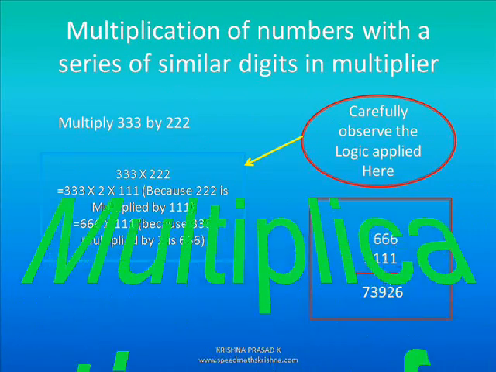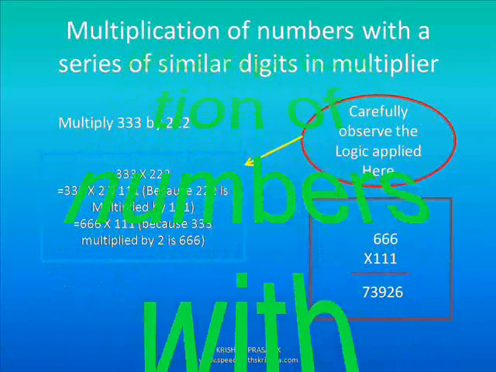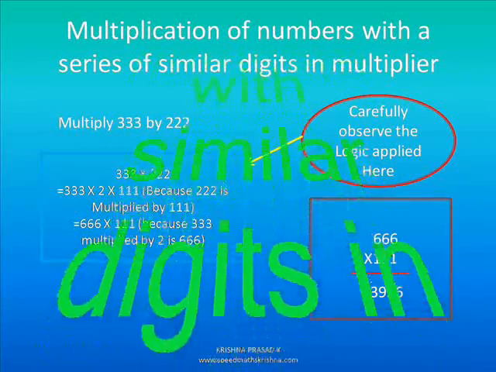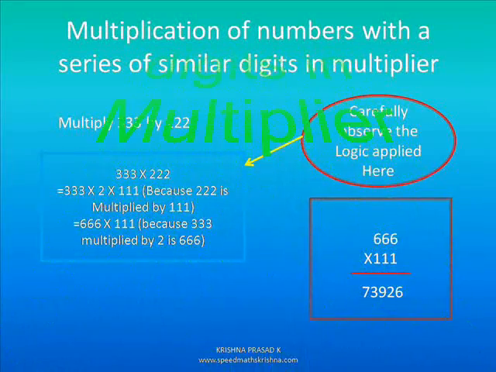Let's move to the next topic, that is multiplication of numbers with a series of similar digits in the multiplier. Let's take an example. Multiply 333 by 222.